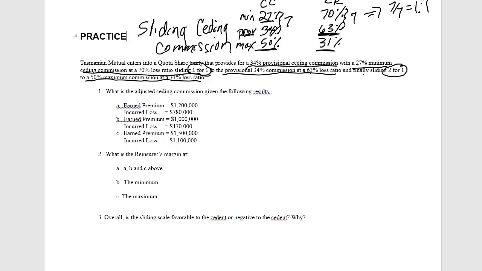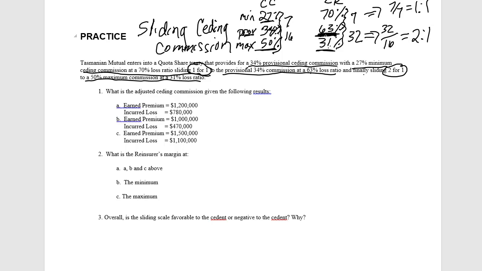Now let's look at below the loss ratio. The difference between 63 and 31 is 32. And the difference between 34 and 50 is 16. So 32 divided by 16 equals 2, or a 2-for-1 slide.